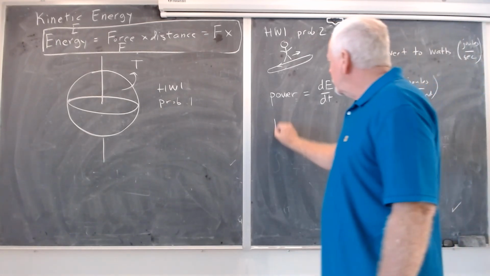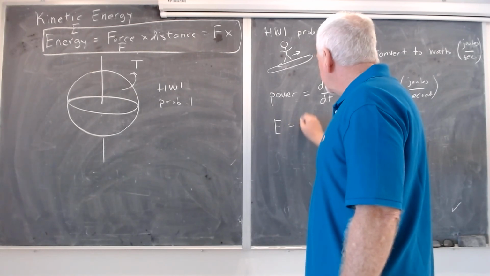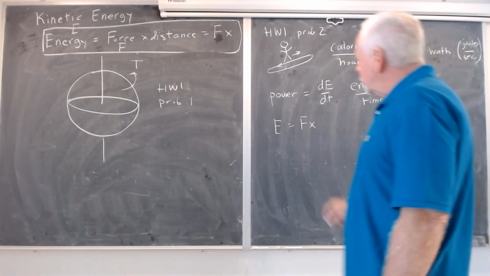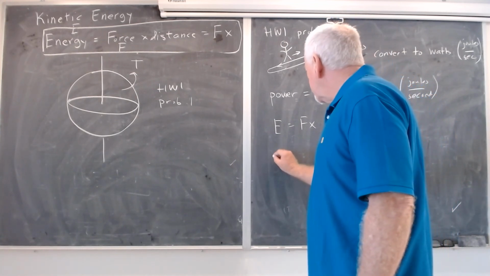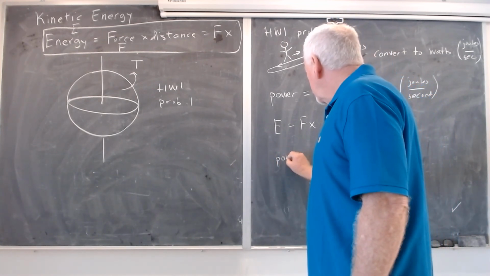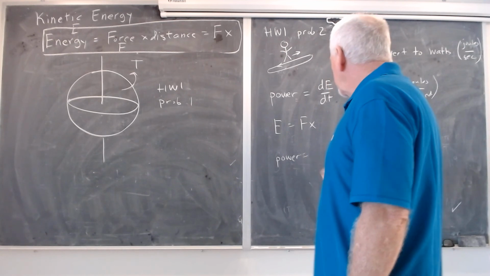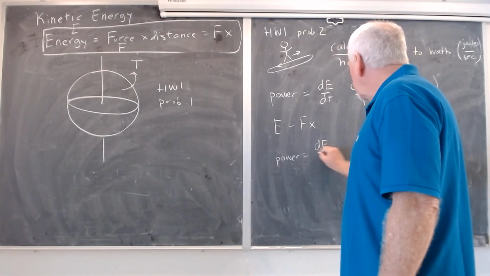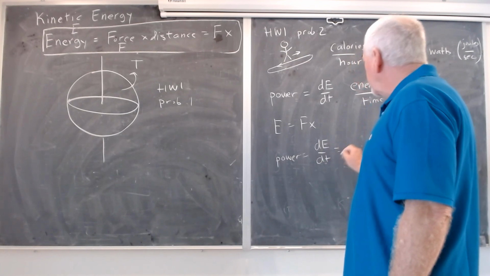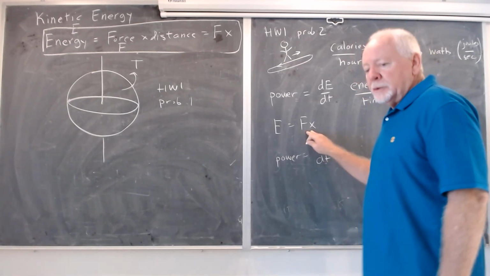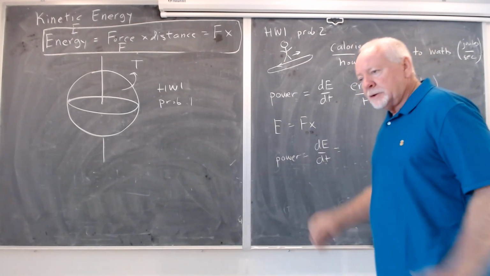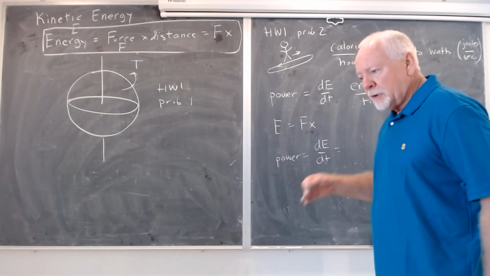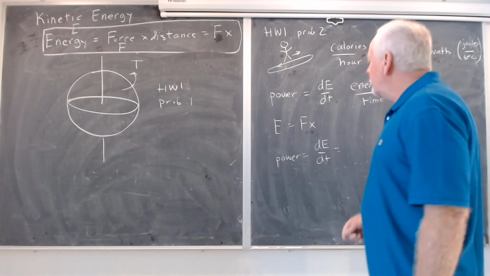Now, energy is force times distance. So if we take the derivative of both sides, power is equal to force times velocity, if the force is constant. And here the force is constant, he's basically forcing himself constantly going up this incline.